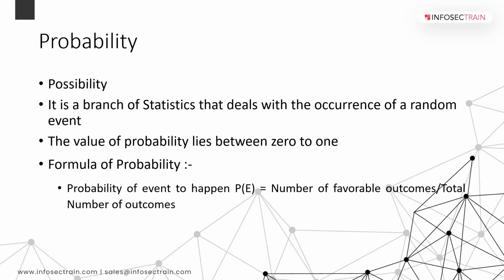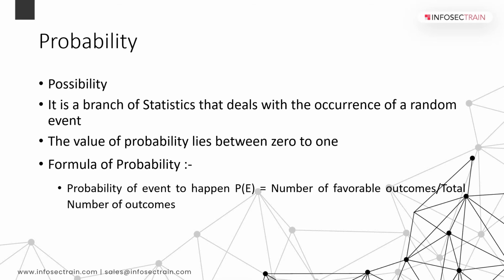If we want to find the probability of one head, the number of favorable outcomes is two. One is head and tail, and the second is tail and head. And the total number of outcomes is four. So the probability of one head is 2 by 4, which is nothing but 1 by 2.